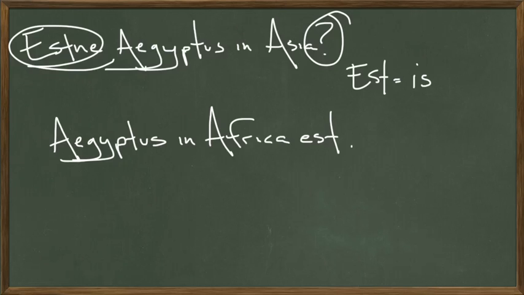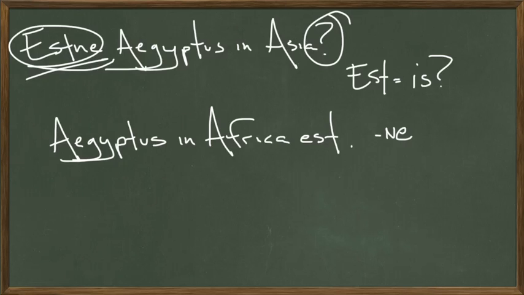To determine whether a sentence was a question, the Romans would place an -ne at the end of the first word in a sentence, usually the verb when it was a question. This would tell the reader, I'm asking you a question. So when you see estne up here, it just means "is" with a question mark.